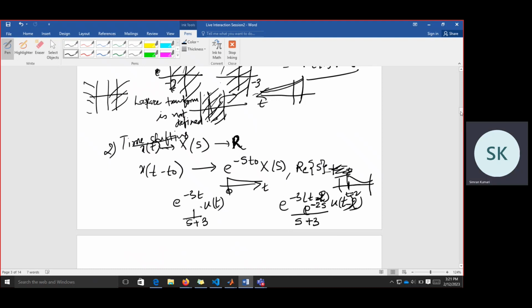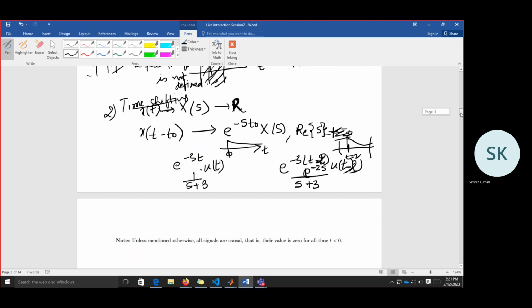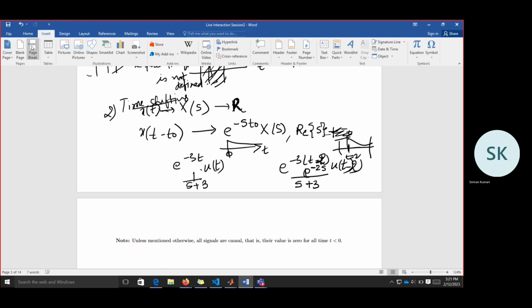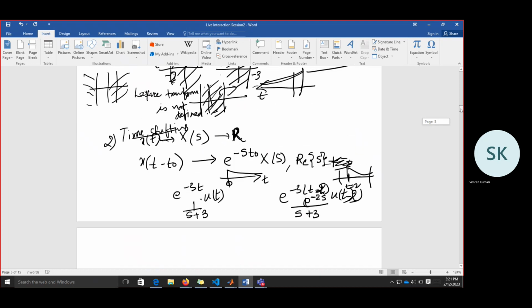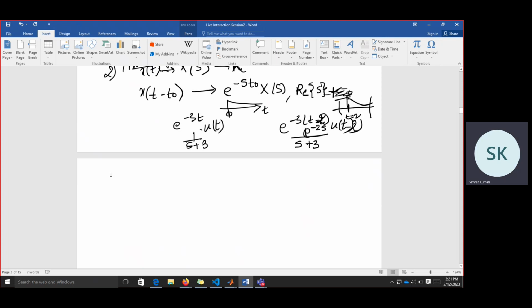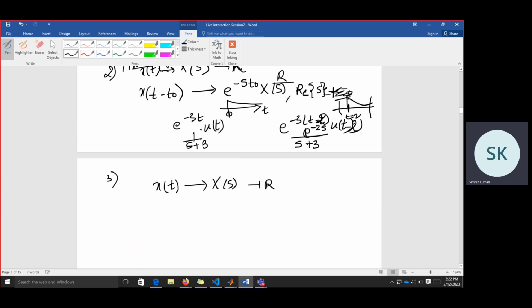Is there any doubt in this? Now, the third one is frequency shifting. Suppose there is a signal x(t) and it has Laplace transform X(s) with ROC R. Here the ROC is not changing, it's the same.